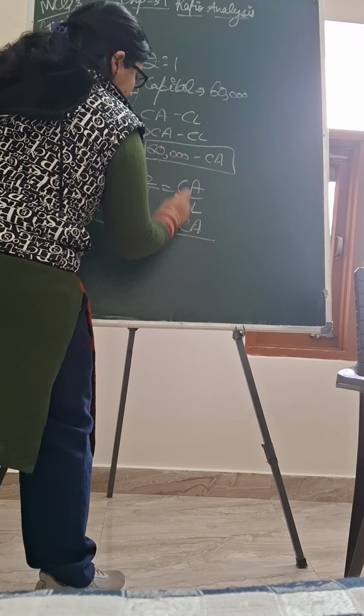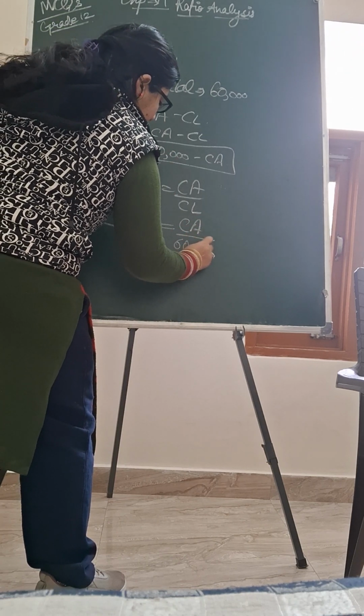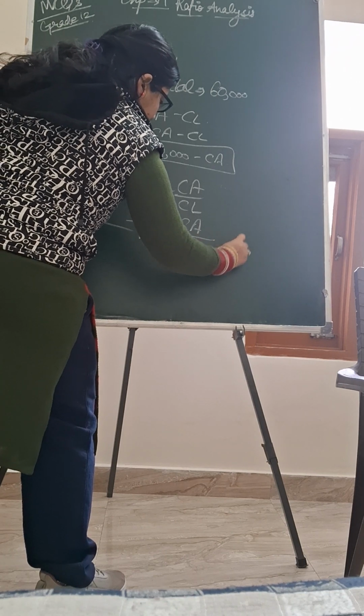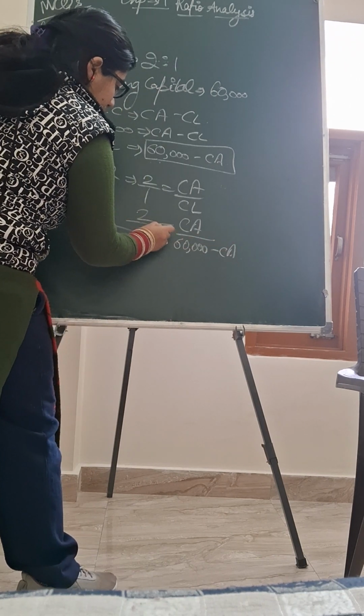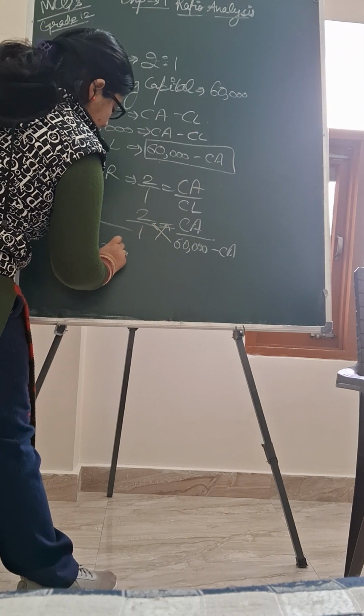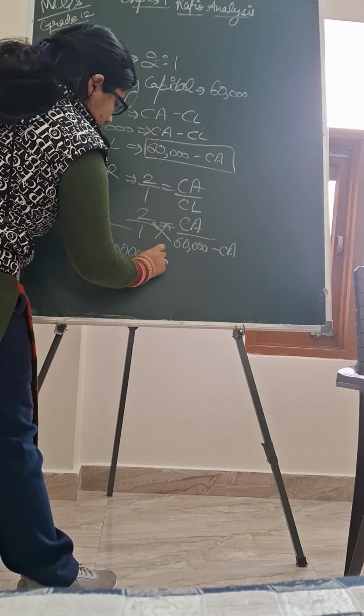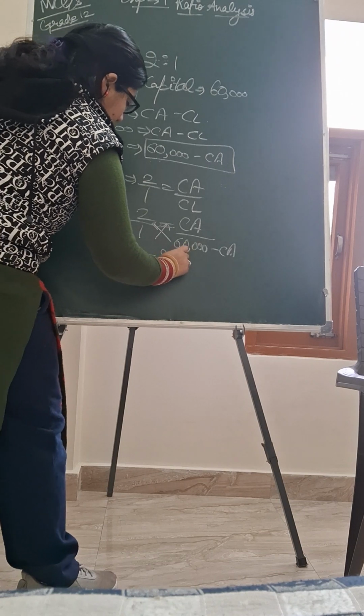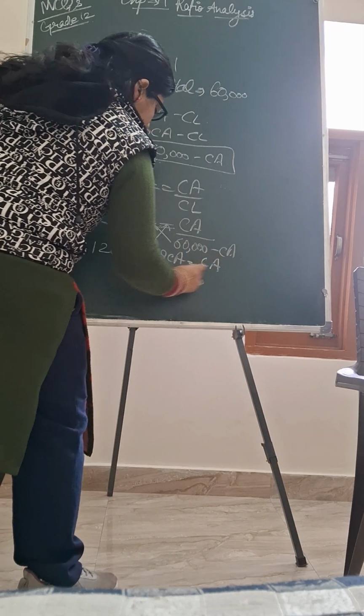So we will equate 2/1 current assets. Similarly, from here we will write 60,000 minus current assets. When we will equate, we will cross multiply these two. 60,000 into 2, 1,20,000 minus 2CA is equals to CA.